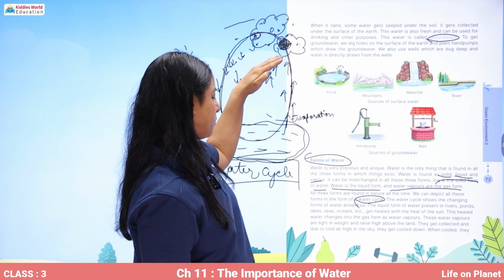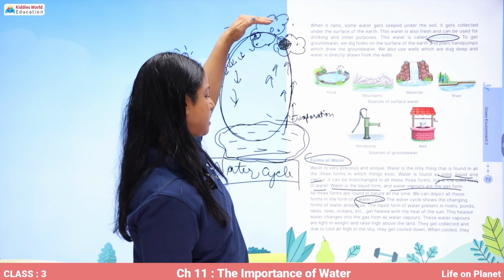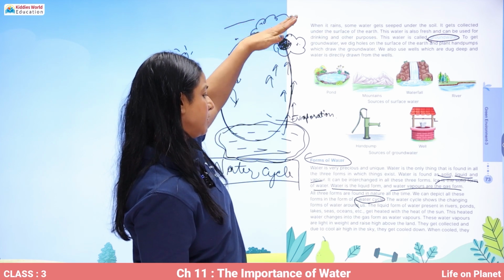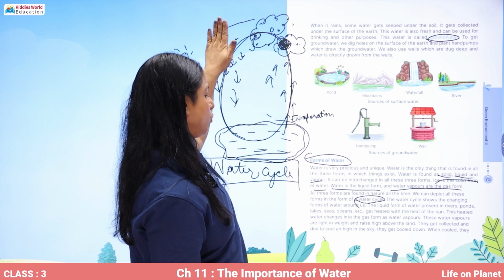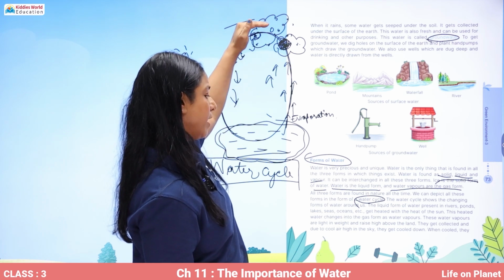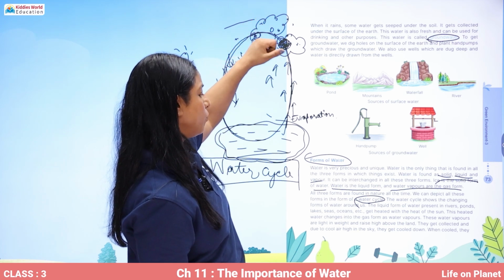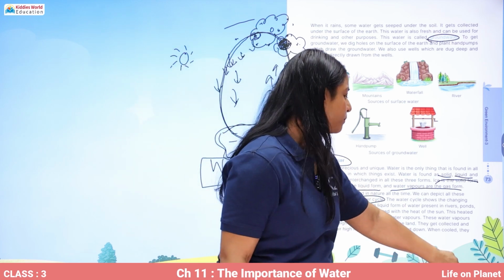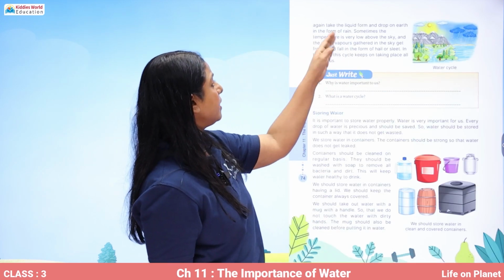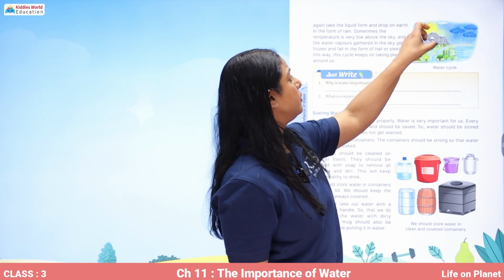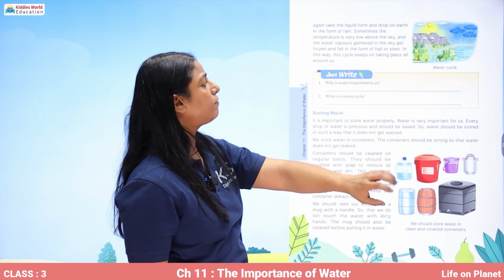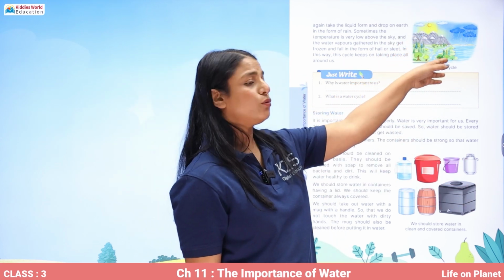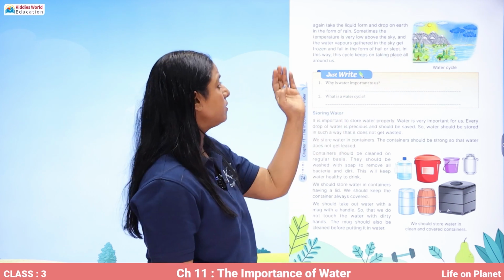These water vapors are light in weight and rise above the land. They get collected due to cool air high in the sky. They get cooled down, and when they are cooled, they again take the liquid form and drop on earth in the form of rain. And this is a beautiful picture of the water cycle.